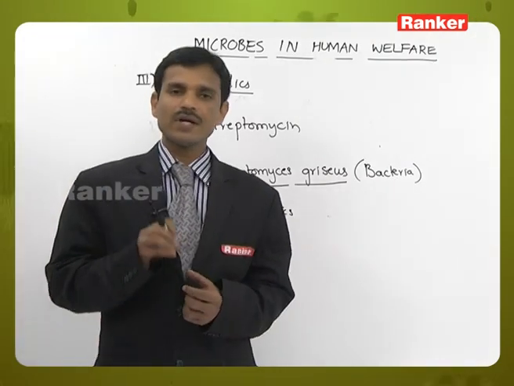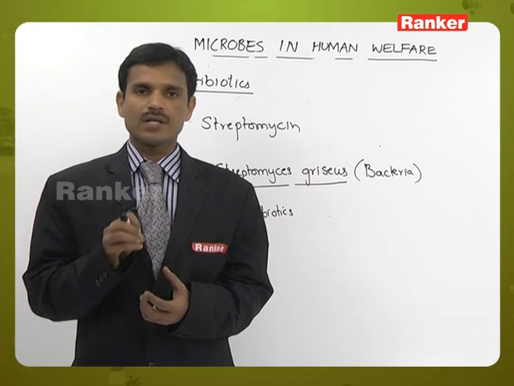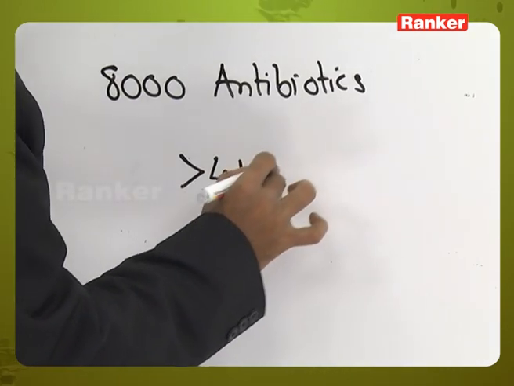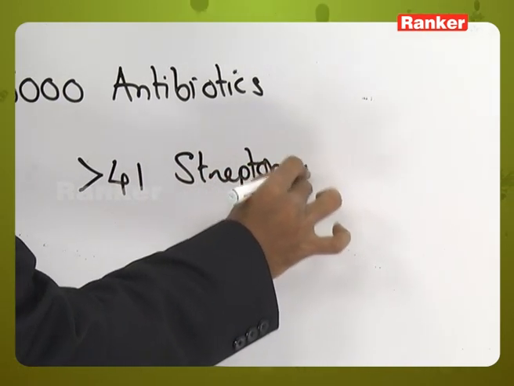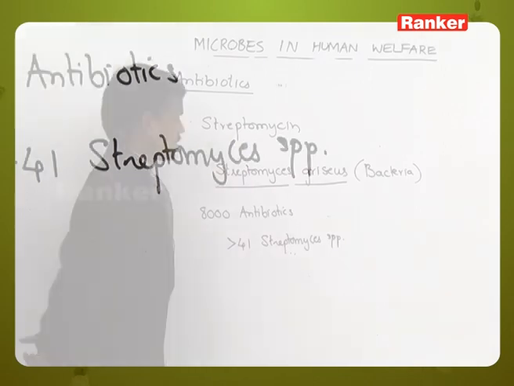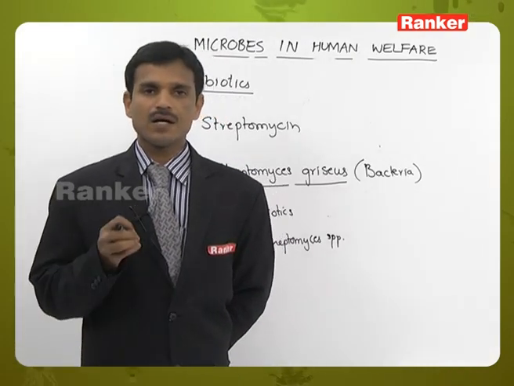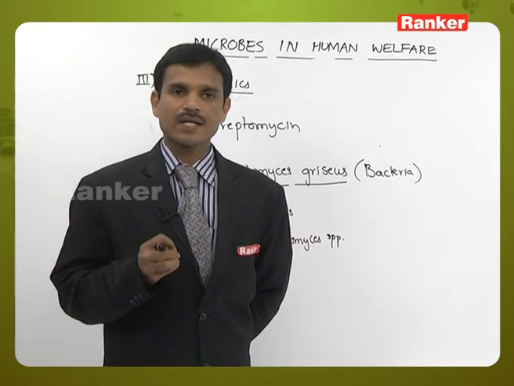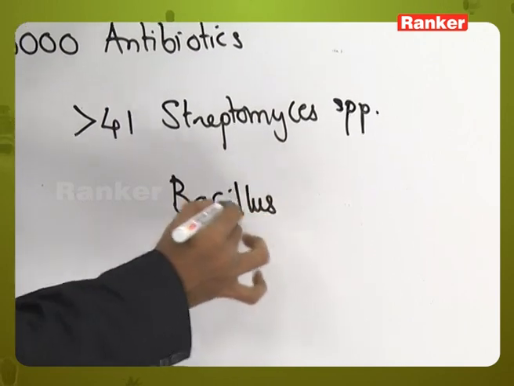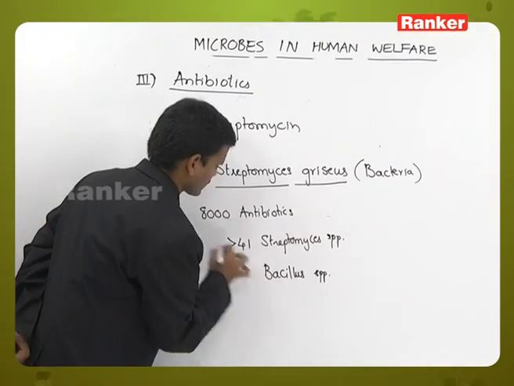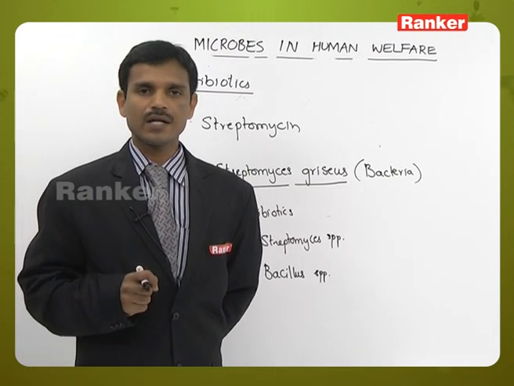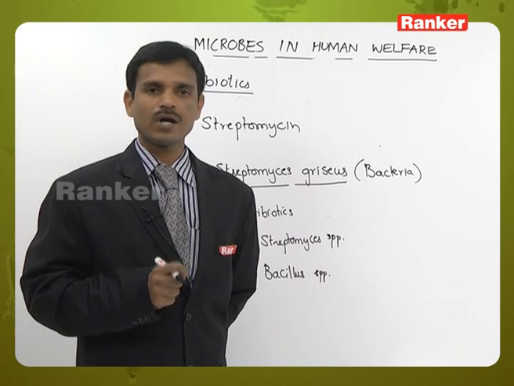Of these, more than 41 antibiotics come from Streptomyces species, and almost 60 antibiotics are extracted from Bacillus species. Streptomyces produces streptomycin, an antibiotic that retards the growth of pathogenic, harmful bacteria or fungal members.